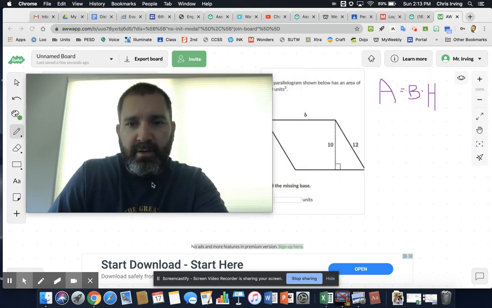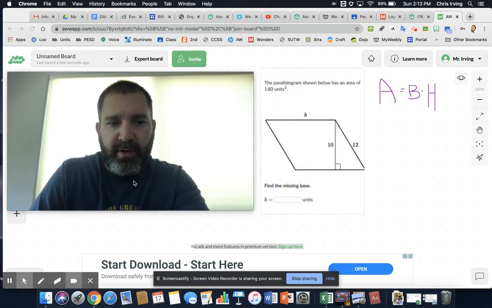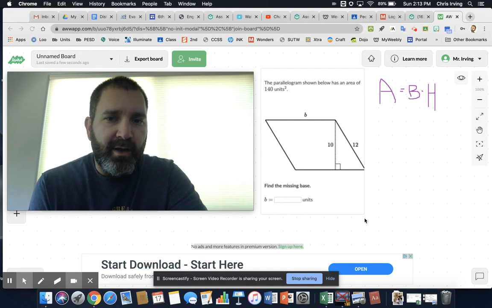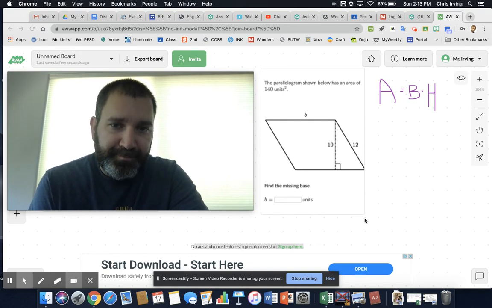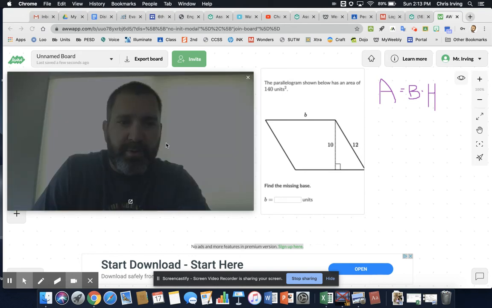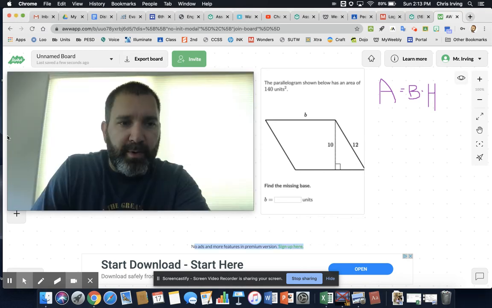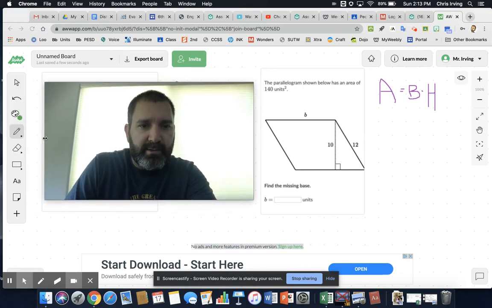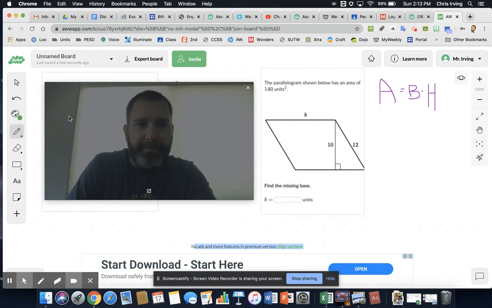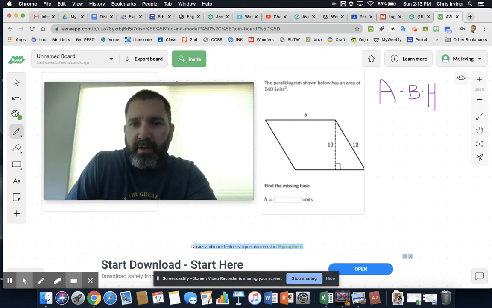Now, in the next set of problems that you're going to be asked to do, area is actually going to be given to you. If you look at the problem over here, it actually tells you the area of the parallelogram.